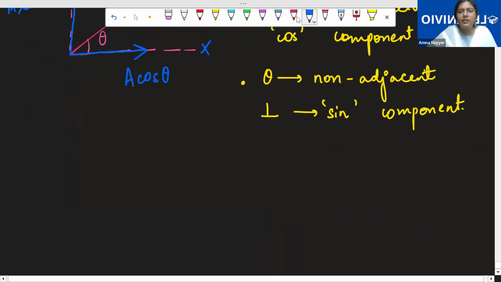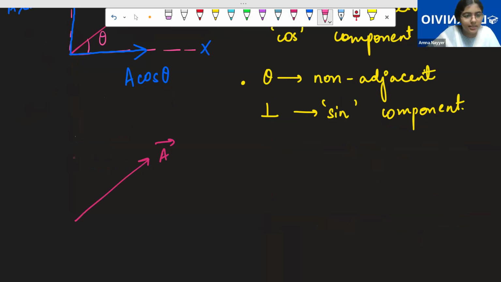What if I change the angle? Let's say this is the vector A, and this is our y component, and theta is made here. See, this is your x, this is your y.